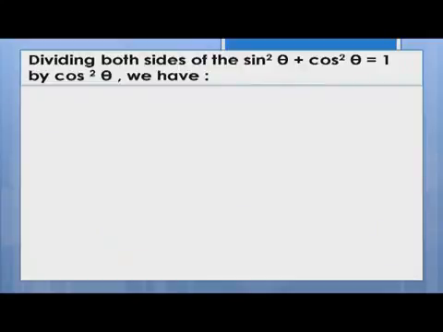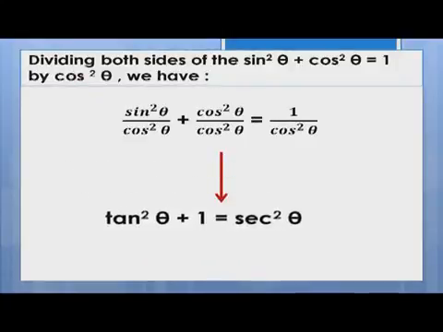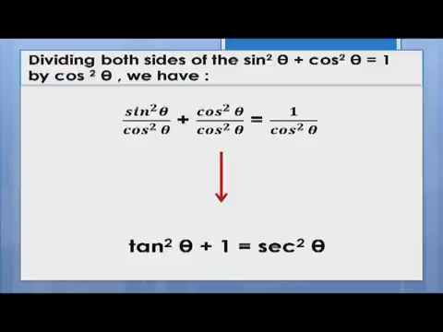If we divide both sides of sine squared theta plus cosine squared theta equals 1 by cosine squared theta, we have sine squared theta over cosine squared theta plus cosine squared theta over cosine squared theta equals 1 over cosine squared theta, which results in tangent squared theta plus 1 is equal to secant squared theta.